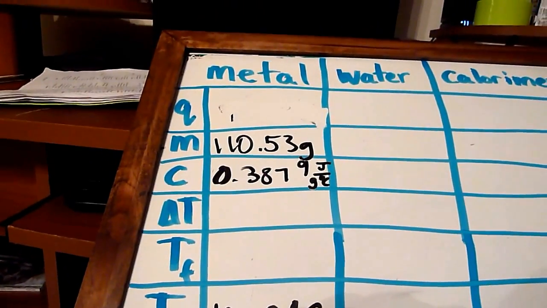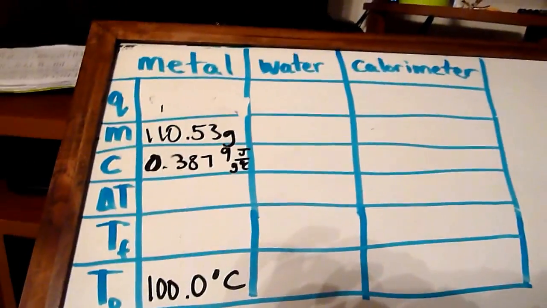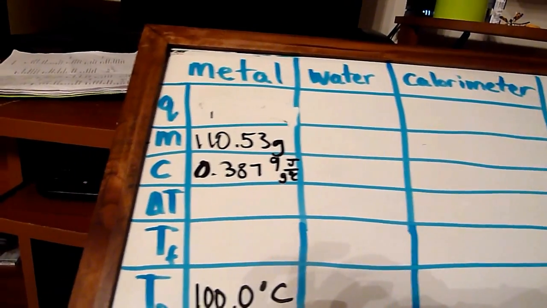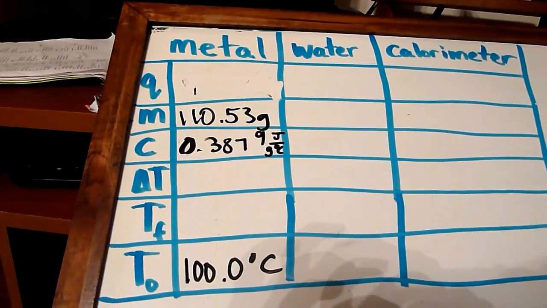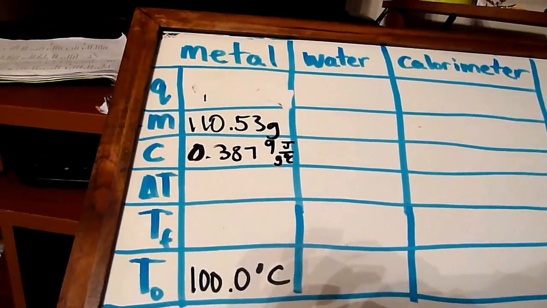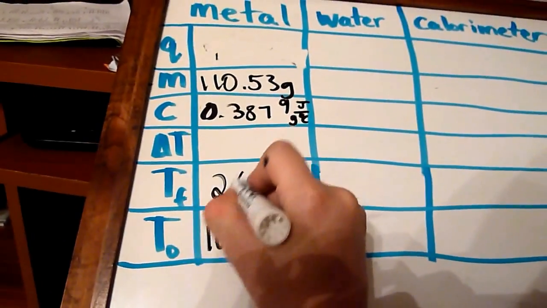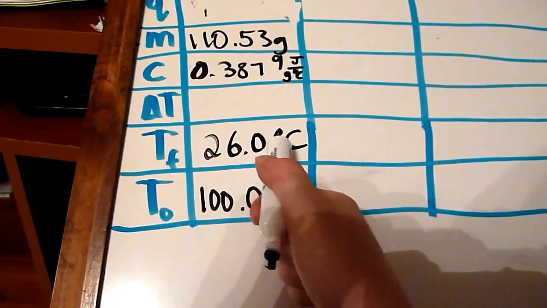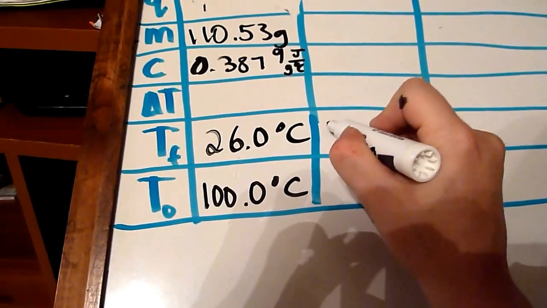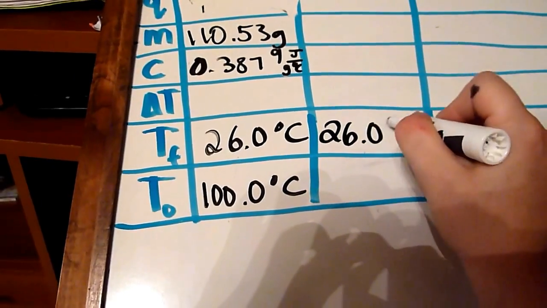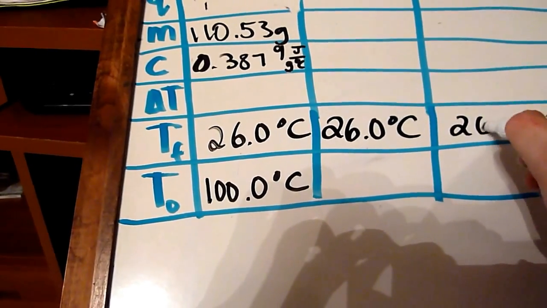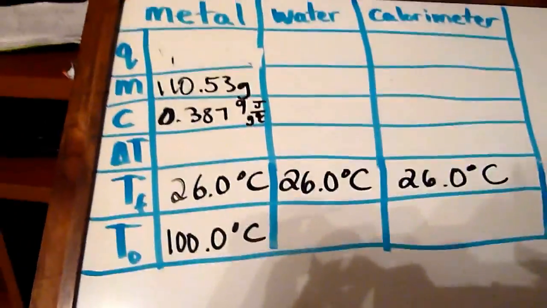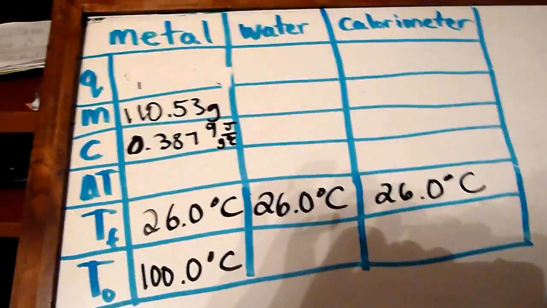It tells us that when the experiment is completed and the calorimeter, the water, and the metal have all reached an equilibrium temperature, they're all, of course, at that point the same temperature. That is 26.0 degrees Celsius. The final temperature for the metal and the water and the calorimeter are always the same. Your goal at the end of a calorimetry experiment is to have all of your components come to the same temperature. And then you know the experiment's done.